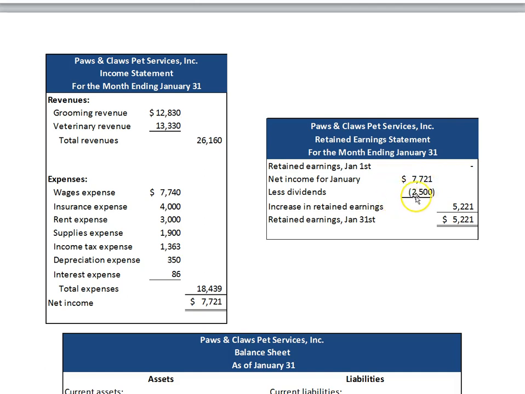Alright, you subtract out dividends and you get to basically the increase in retained earnings. So 7721 minus 2500 is 5221. We take the zero balance for this business plus the 5221 and get to the ending balance. This one started off with a zero balance because all businesses start off with zero. This kind of indicates it's a new business.